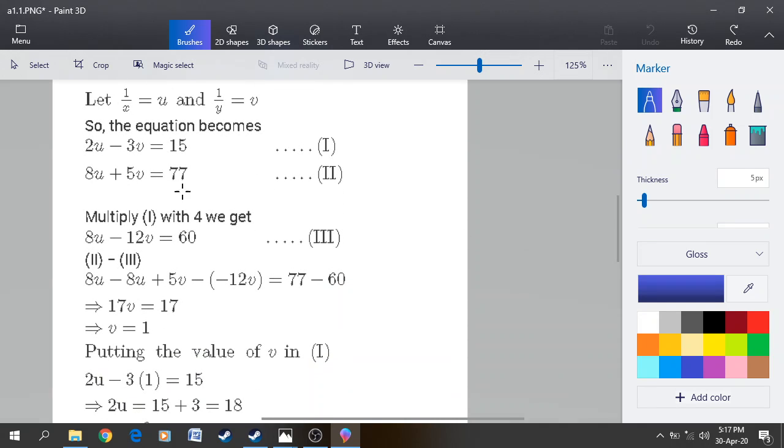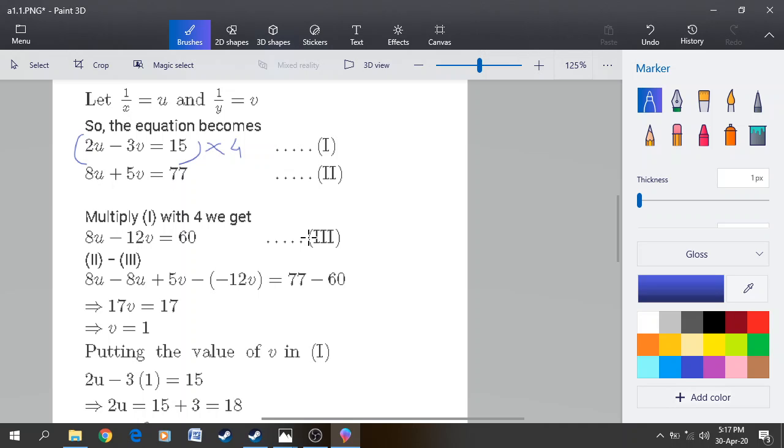What we are doing here is this equation is multiplied by 4, and what we got is 8u minus 12v is equal to 60.